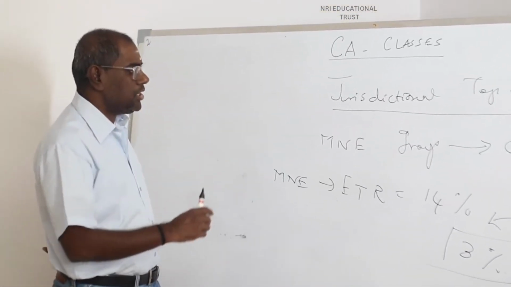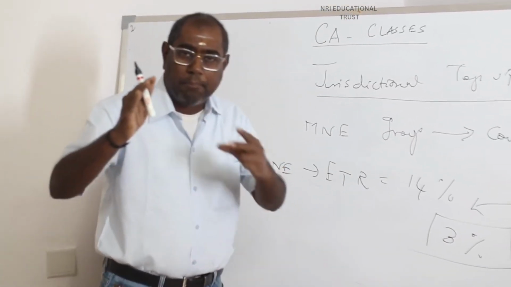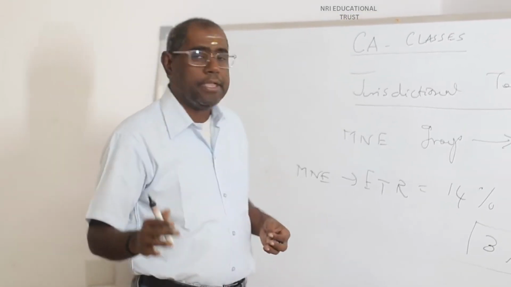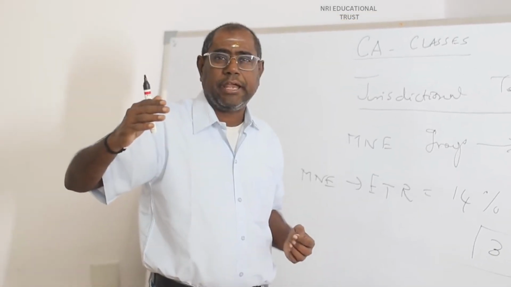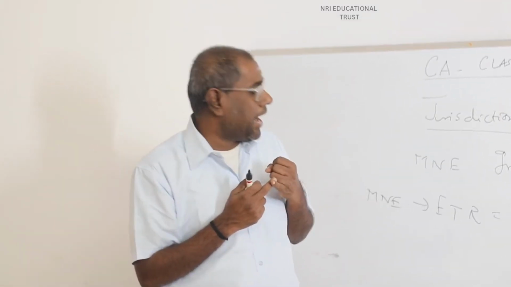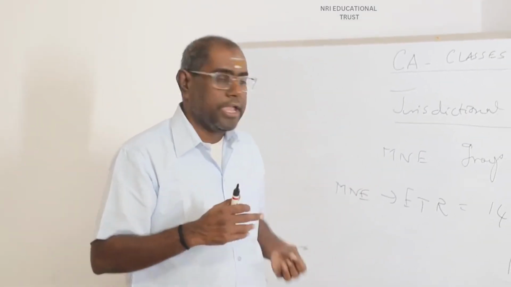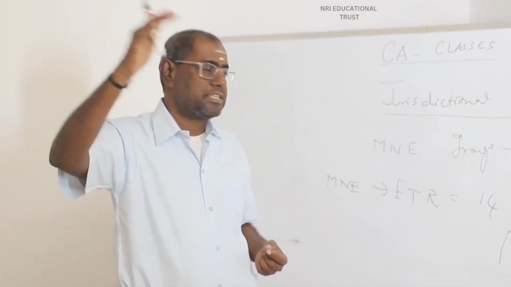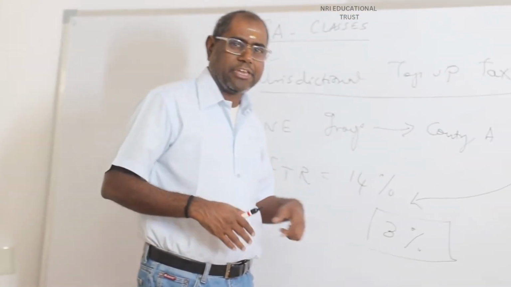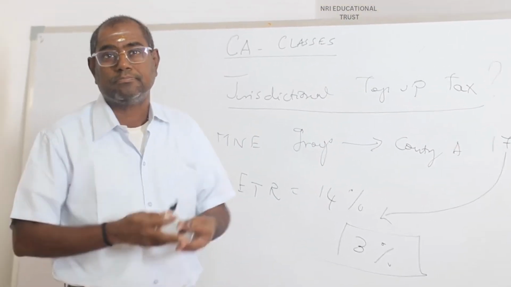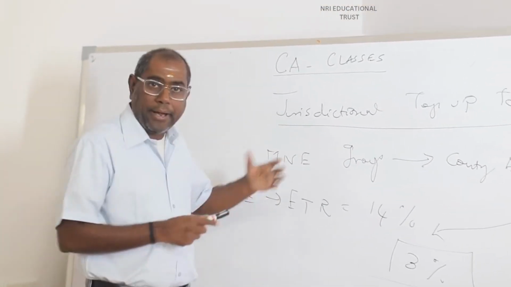So jurisdictional top-up tax will be applicable normally if the domestic tax rate is higher than the global minimum tax, and the second condition is if it is higher than the effective tax rate. In case the effective tax rate is higher, then the effective tax rate will become automatically jurisdictional top-up tax. That's what this is. Practice this.